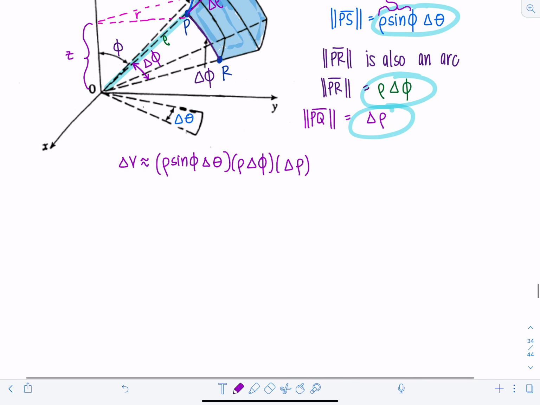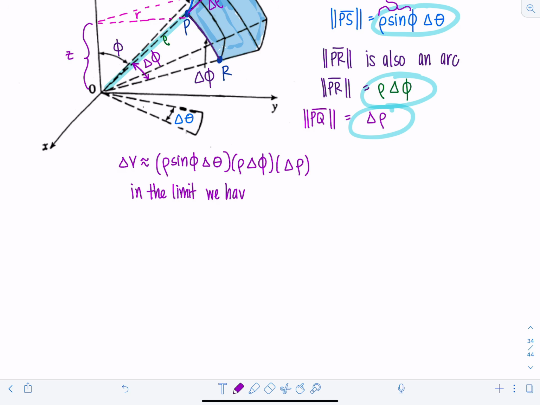Well, we take a limit, yada, yada. So in the limit, we end up with dV is equal to, now notice, here's a rho, here's a rho. So I've got a rho squared, I've got a sine phi, and then you'll have d rho, d phi, d theta. That's typically the order that you'll see it in.